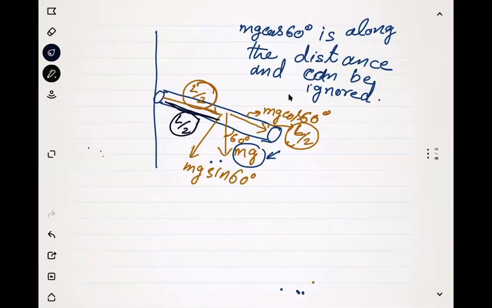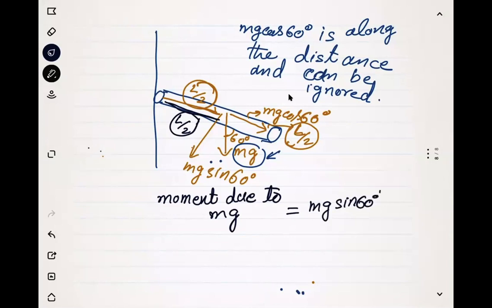So the moment due to mg will be mg sin of 60 into the distance, and its distance from the pivot is L by 2. So this is the moment of mg.